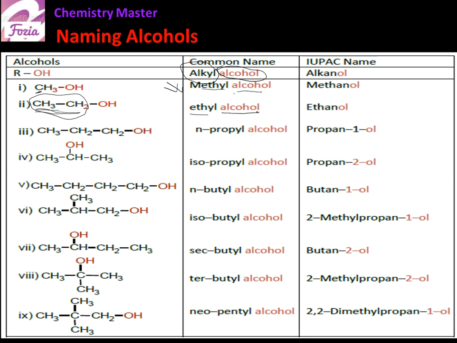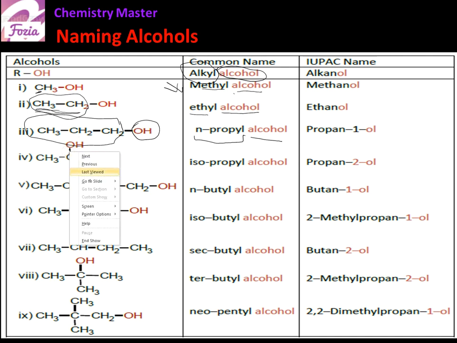If you have three carbons in the alcohol structure, the alkyl is propyl, then the word alcohol. And you see, when this OH group is not attached on the terminal carbon, then you can also talk in terms of its position. Like in this case, this OH group is attached to the secondary carbon.